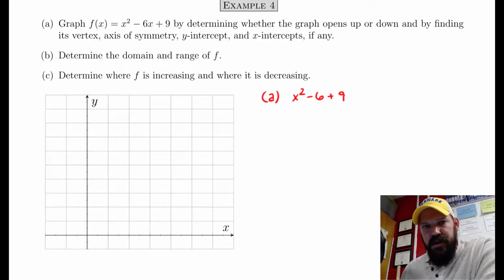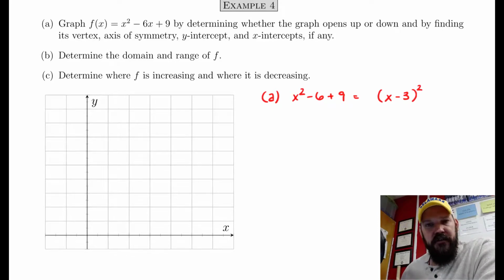This is a perfect square trinomial. The way we know it's a perfect square trinomial is if we take half the middle term, so half of negative 6 is negative 3, then we square it, we get positive 9, and that is our constant in this case. So this is going to factor into x minus 3 quantity squared.